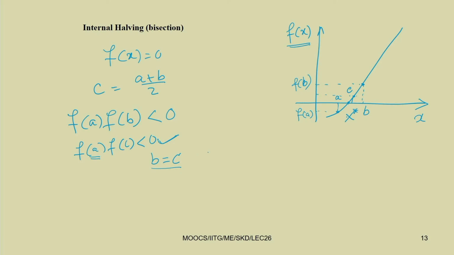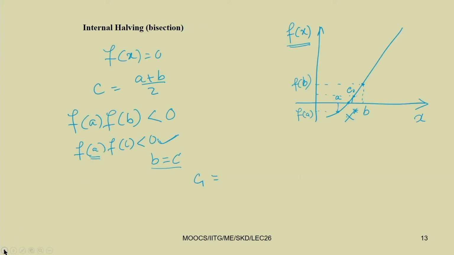Now, we have taken the midpoint of these two. Let me call it C dash, or C1. The first one I have taken, let it be C0 or C. Next one I can take C1.